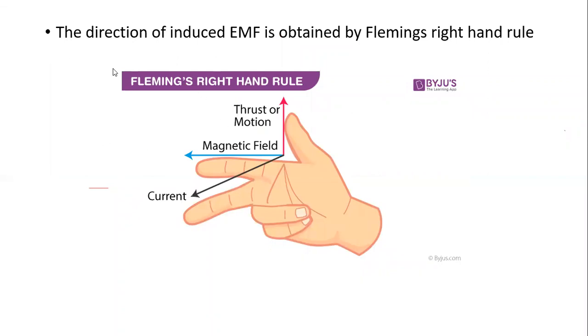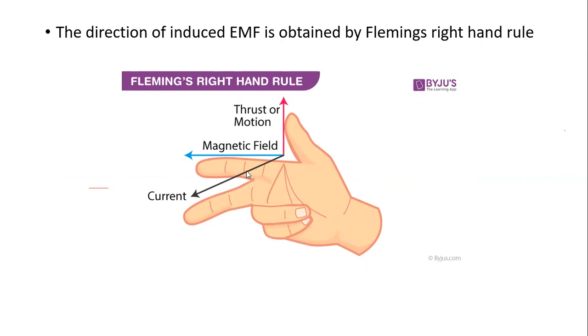This is Fleming's right hand rule. Hold the right hand, with the thumb, forefinger and middle finger mutually perpendicular to each other.